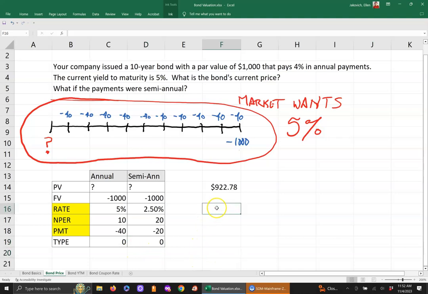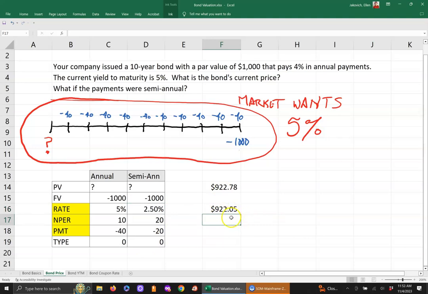So let's solve for that. Equal sign, and we're still solving for PV, present value, or price of the bond, and then open parenthesis. It says rate, then number of periods, then payment, comma, future value, and then type, and close my parenthesis, and $922.05.